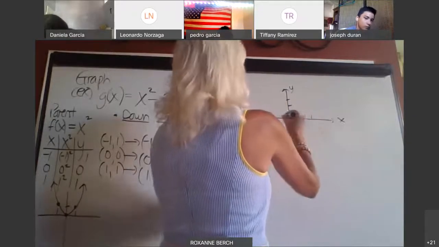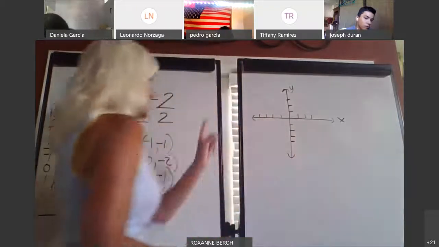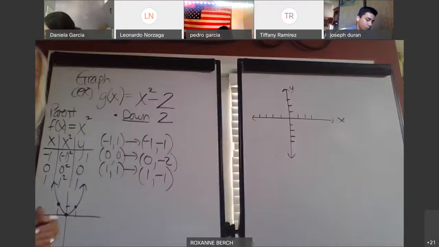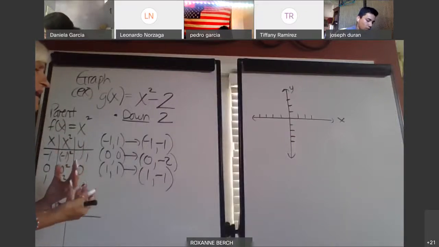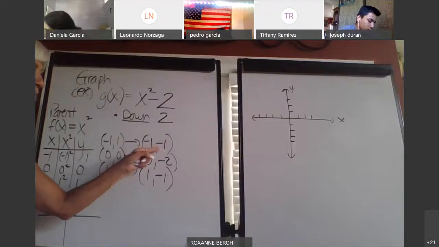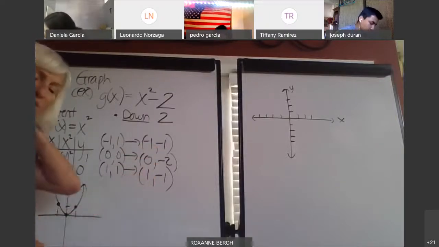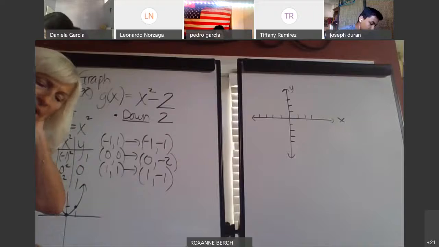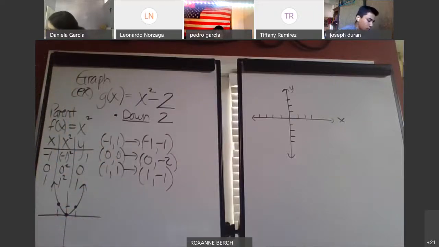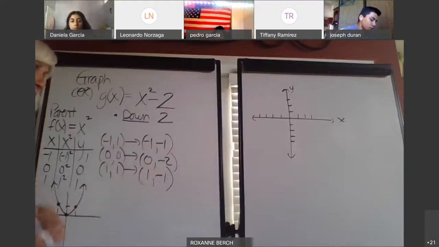You should always label the axes. Mr. Johnston will flip out in calculus if you don't label the axes. And I really want you guys to get in the habit of not reading these like -1, -1. I want you to read it left 1, down 1, 0, down 2, right 1, down 1, so there's no confusion. I don't want any points graphed incorrectly at this point. So you're going to always read the x left or right. You're going to always read the y up or down.